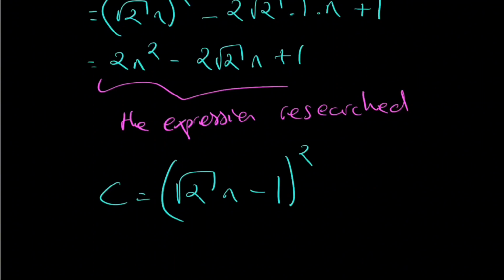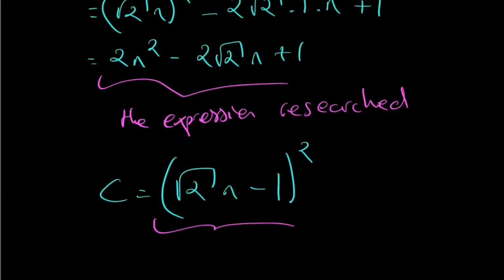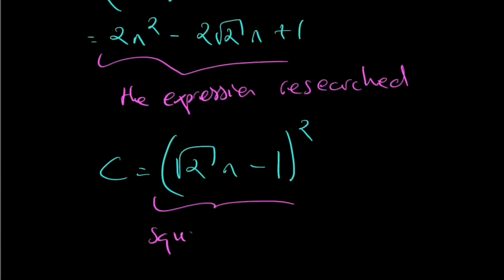Okay, and so this is a square. And so we know that a square is always either positive or equal to 0.